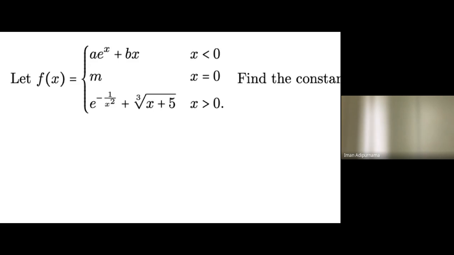Differentiable means it should be continuous. Continuous means the limit from the left and right should be the same. That's continuity. The second one, of course, you need to use the limit definition to see that it should be differentiable everywhere. So you need to use the formula for the definition of it.